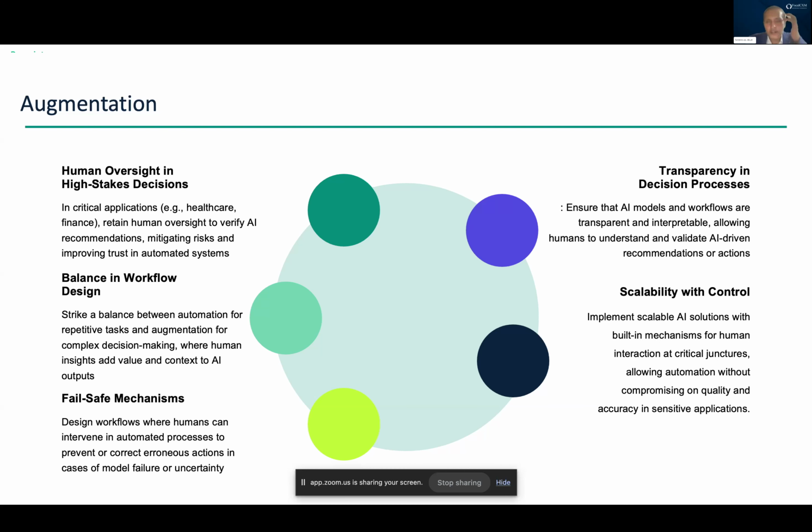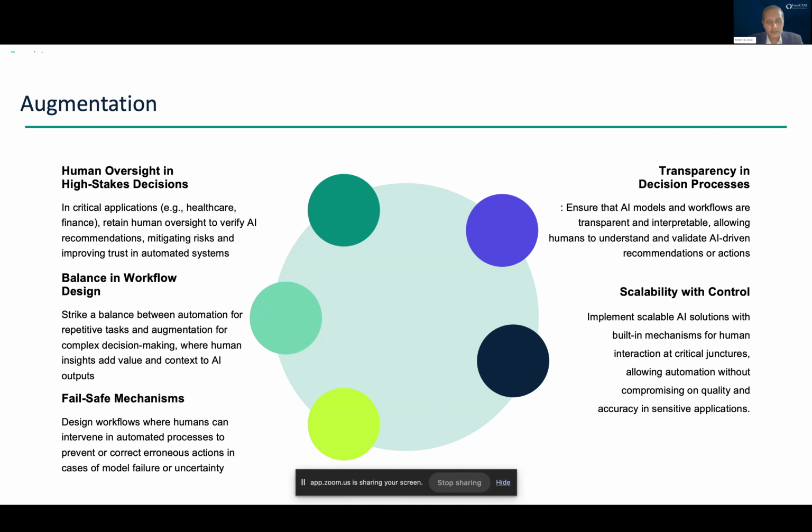However, the outcomes of LLMs should have guardrails, which means you can do an augmentation, where the LLMs are helping a person. It's not that the LLM is actually automating the role of that person.